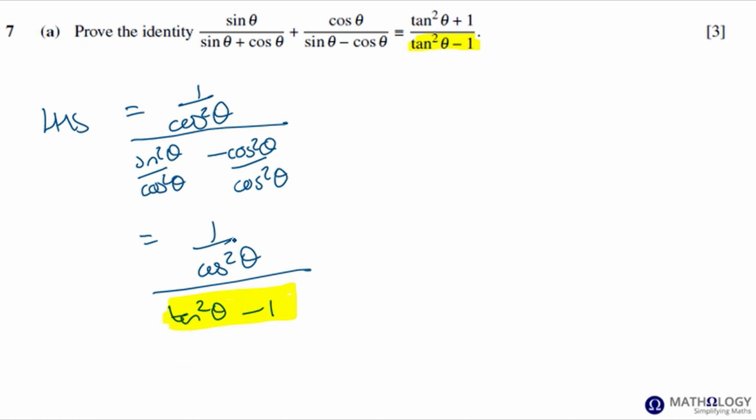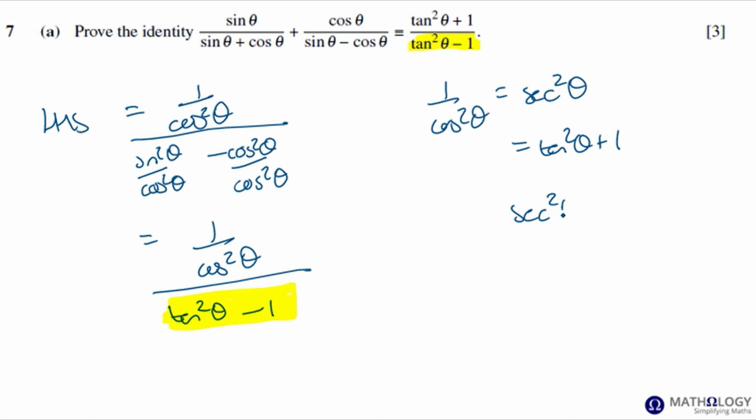Okay, now we do not deal with reciprocal trigonometric ratios. However, I'm going to continue this as if we did do reciprocal ratios, and then I'm going to approach the same problem but in a different way. 1 over cos squared theta equals sec squared theta, and sec squared theta equals tan squared theta plus 1.